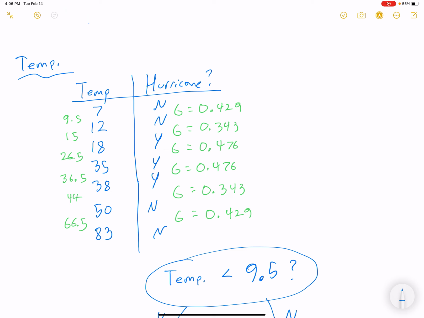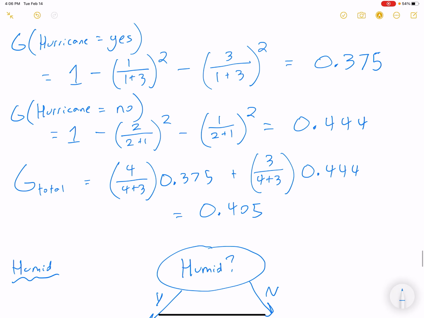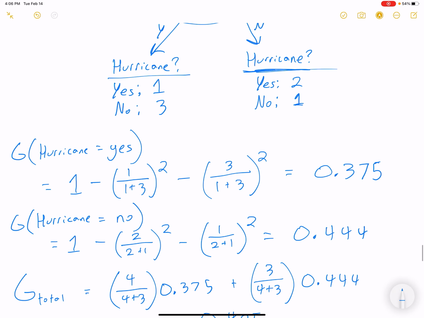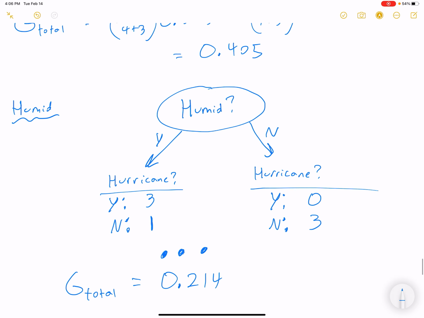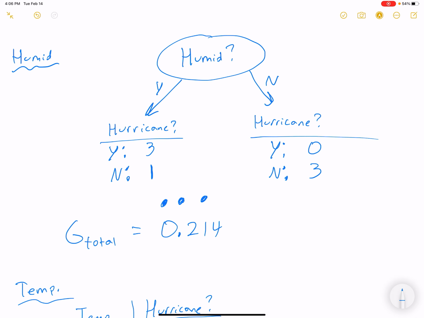We do that same thing for each of the possible values, and so now we have a series of Gini impurities. We have a Gini impurity for splitting on rainy, which is 0.405. We have a Gini impurity for splitting on humid, which is 0.214.